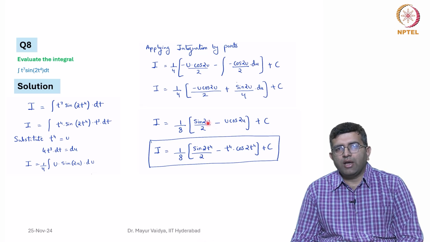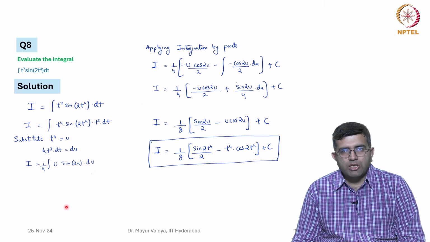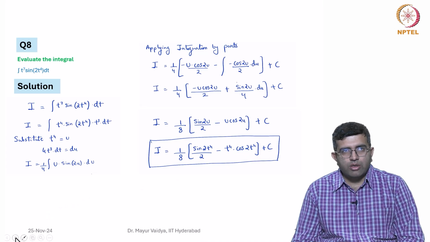Finally we substitute back u equal to t to the power 4, and therefore you get 1 by 8 times (sine 2t power 4 minus 2t power 4 cos 2t power 4) plus c. So this is the solution for your integral.